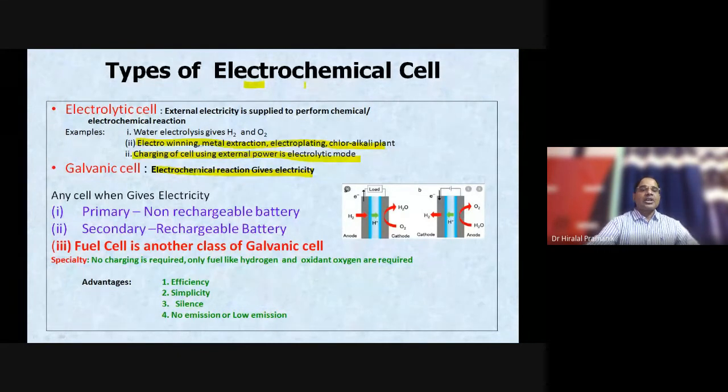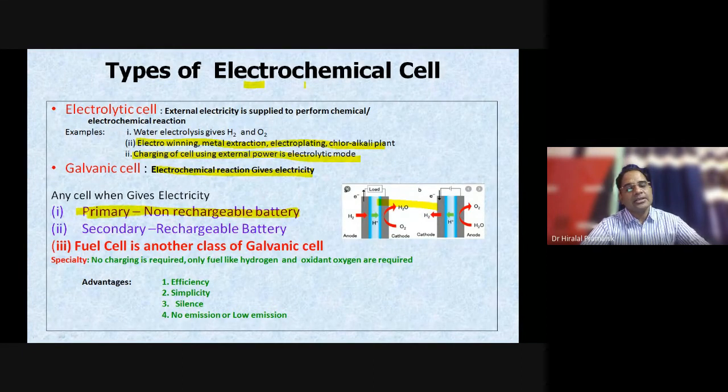A primary non-rechargeable battery, use and throw, when it gives electricity, is also known as a galvanic cell. A secondary battery, in forward mode, when it gives electricity, is in galvanic mode, right? When you are charging, it is electrolytic mode.